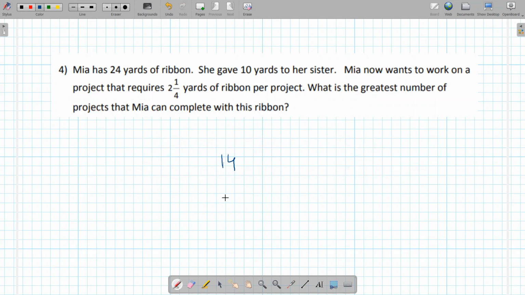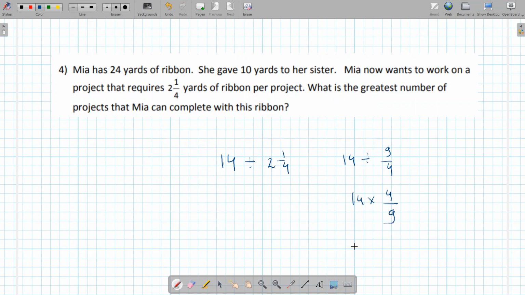Is it 14 divided by 2 and 1 over 4? That's right. That's 14 divided by 9 over 4. That's 14 times 4 over 9.